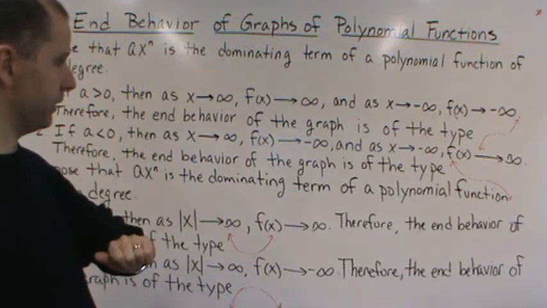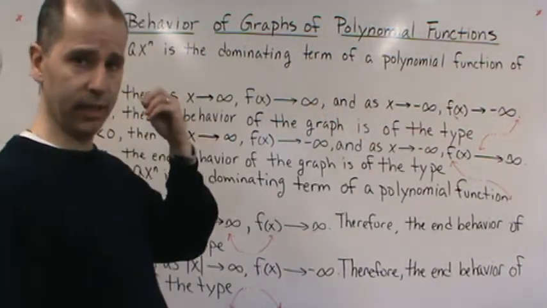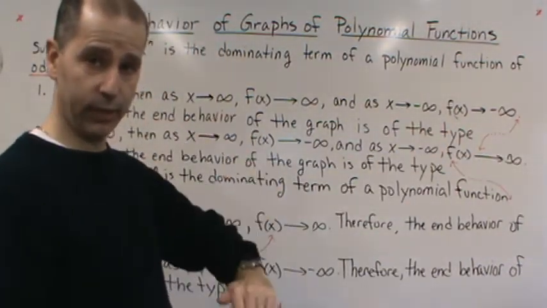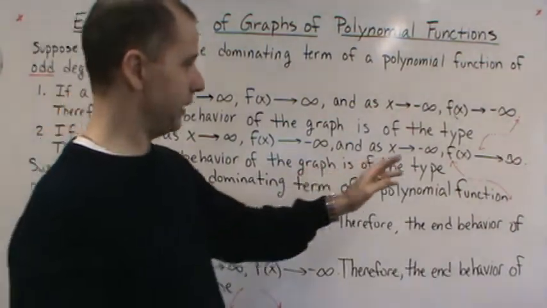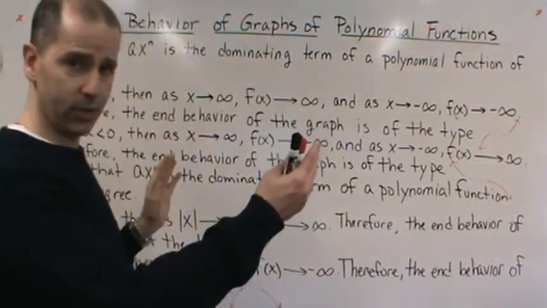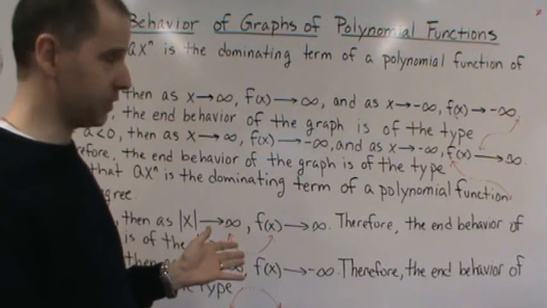So it's going to increase. And as x gets really big negative, f of x is also going to get really big negative, so it's going to go down. So it's going to behave like this. The tails are going to go in opposite directions. So odd degree polynomial, tails go in the opposite directions.